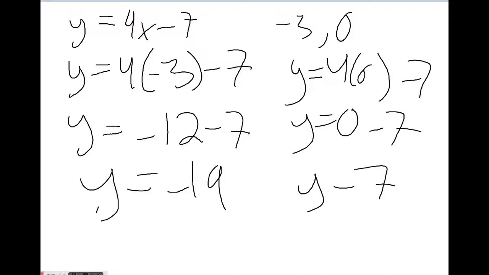Y equals 0 minus 7. Y equals -7. So if the domain is x equals -3, the range is y equals -19. If x is 0, the y is -7.